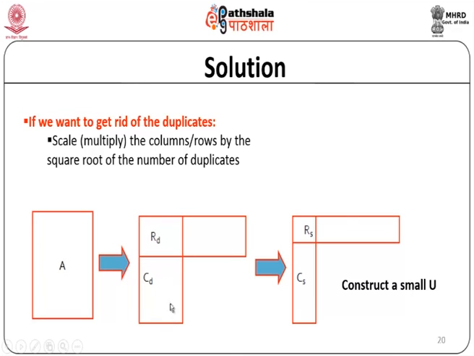So, you will have to choose the dimensions accordingly. Once you want to have a small U matrix, you can achieve this by multiplying the columns or the rows by the square root of the number of duplicates. Now, what you are actually trying to do is scale. So, this scaling up is reducing the number of accesses.